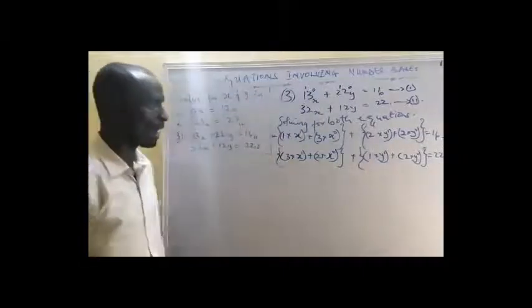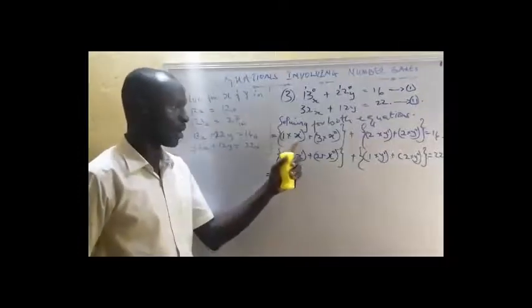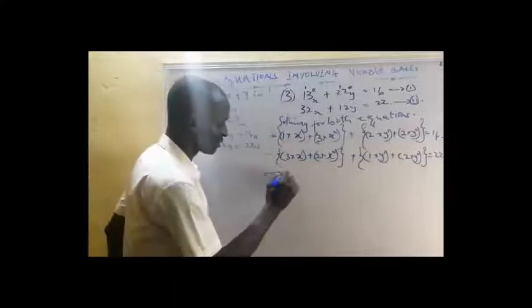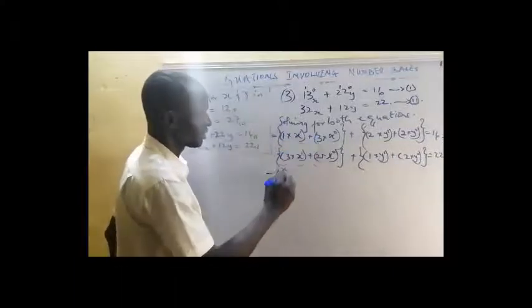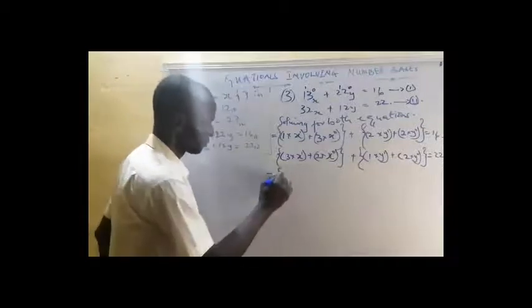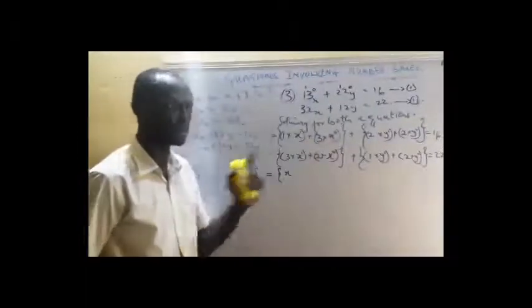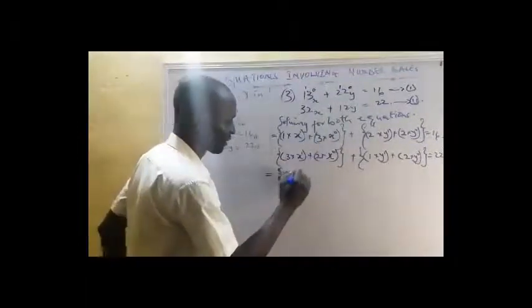Now begin to open up our brackets. From here, it's obvious that x raised to power 1 times 1, that's x, plus x raised to power 0 is 1, times 3, that's 3.